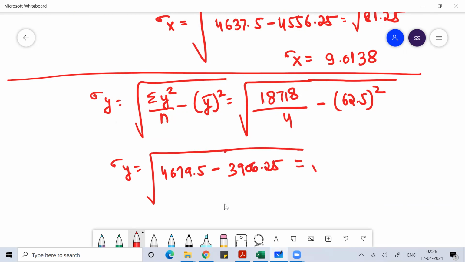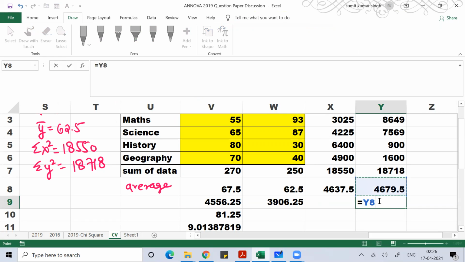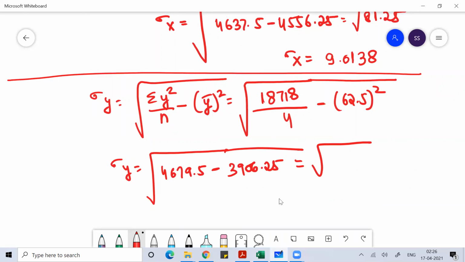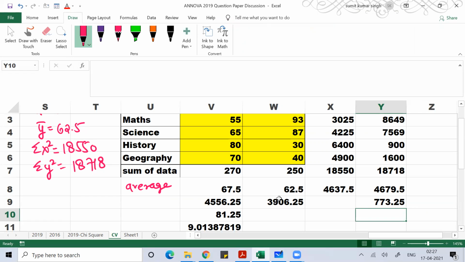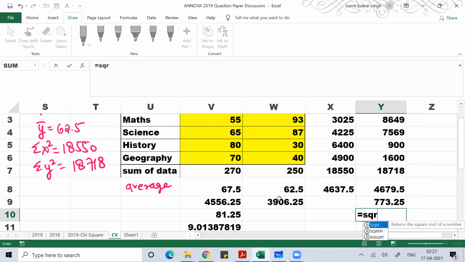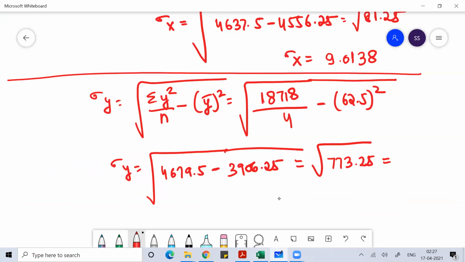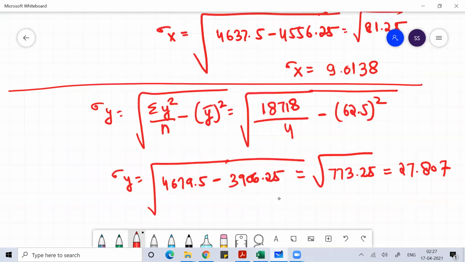You can find this value, 773.25. So you find the square root of this, 27.807. So we can find the standard deviation.